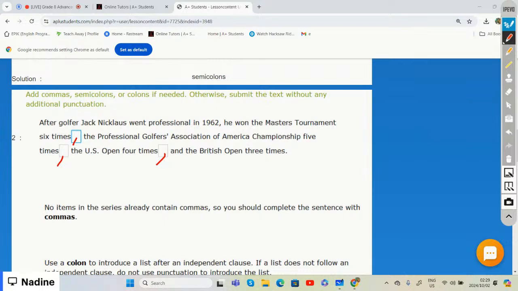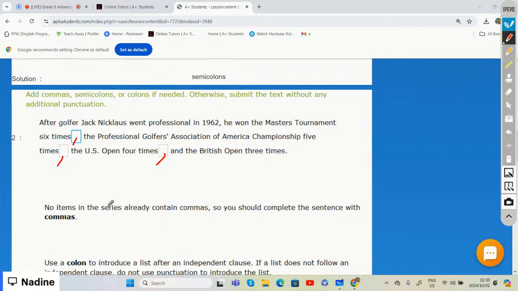So, remember when it comes to colons, semicolons, and commas, you just need to look at what we were mentioning earlier on as to how to use a comma, semicolon, or colon. Remember, we said with a colon, we add a colon after an independent clause, once you have listed your things after the independent clause, right?